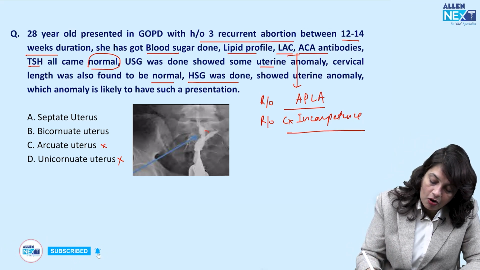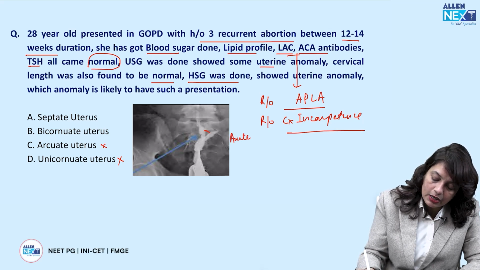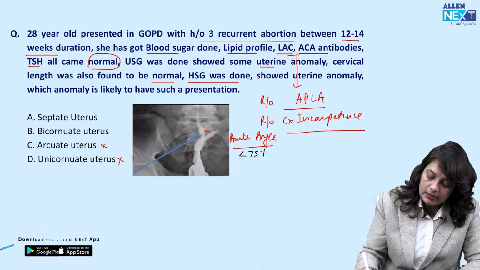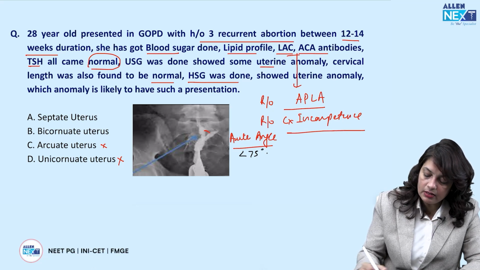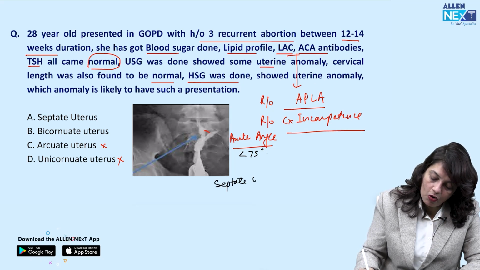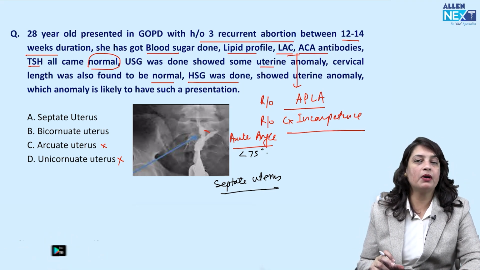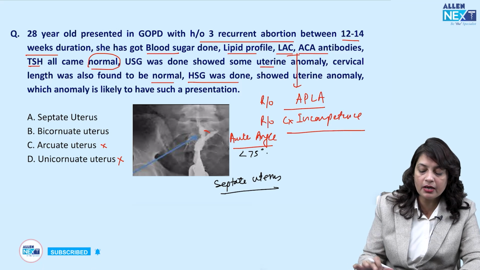Since the angle of the 2 cornua appears to me as an acute angle, usually less than 75 degrees, this appears to me a case of septate uterus, but I would like to keep the bicornuate uterus as my differential diagnosis.